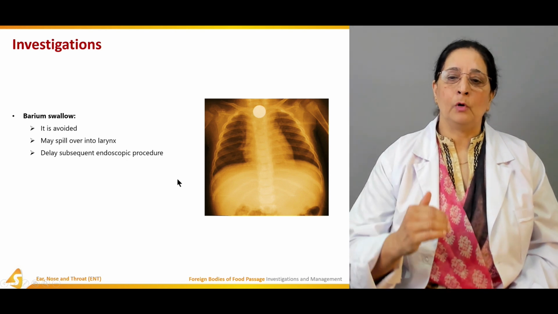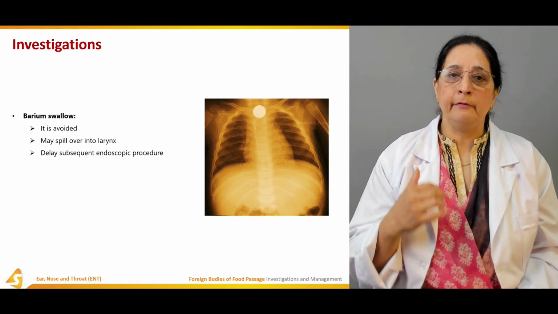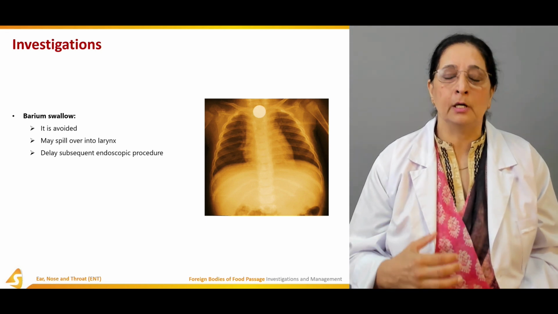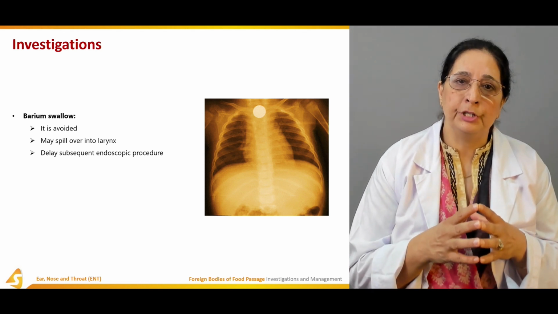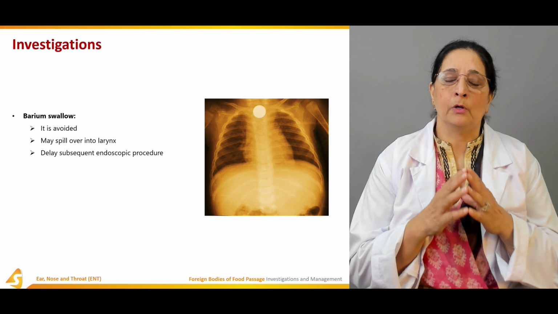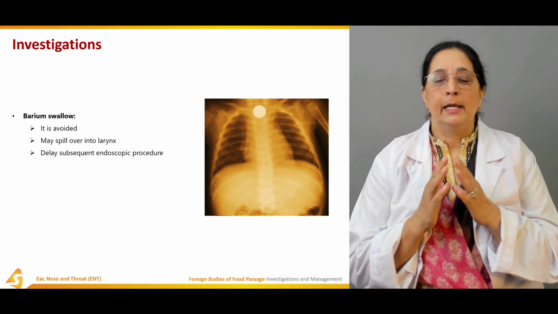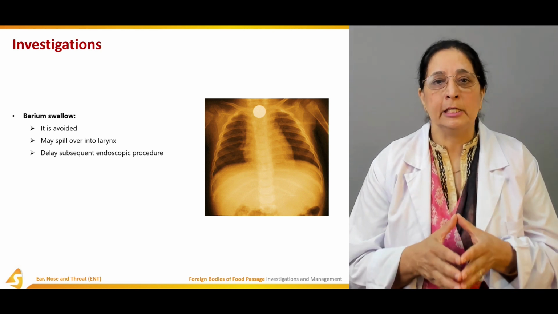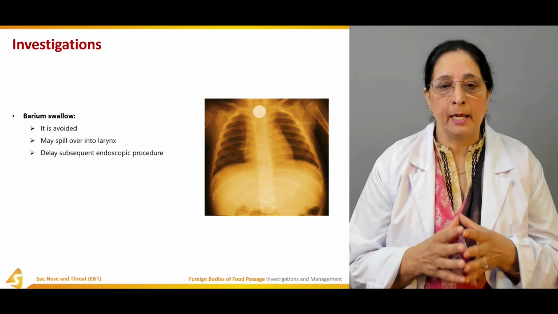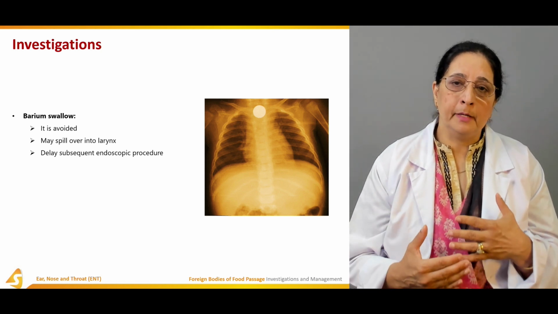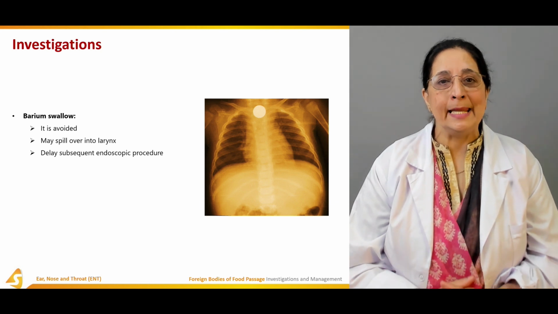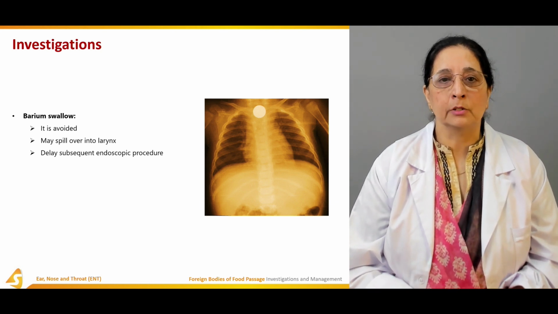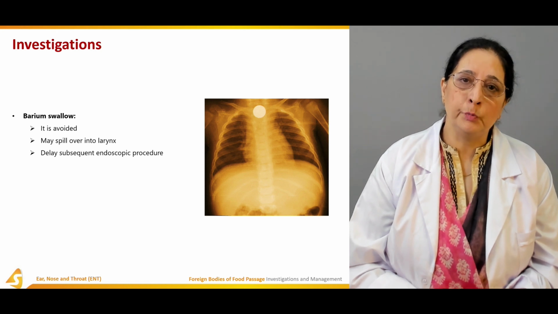So barium swallow, as I mentioned, is a very important procedure for finding any abnormality in the upper GI tract or in the esophagus, but in this case it should be avoided. Why? Because the barium may spill over into the larynx, or it may delay the endoscopic procedure which needs to be performed.